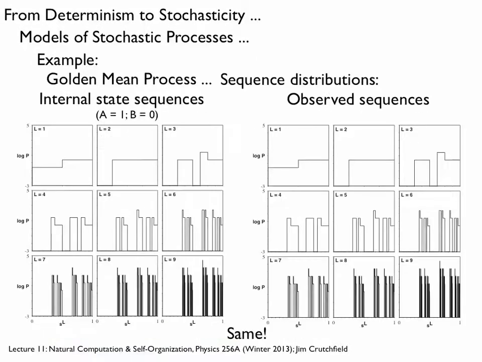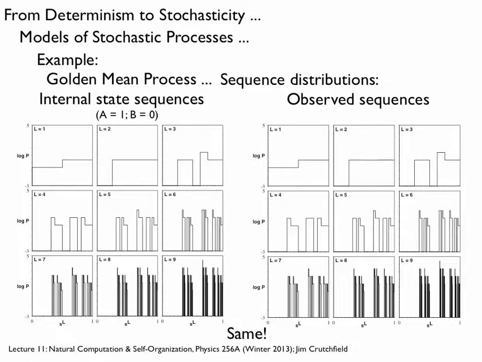Well, let's compare the internal state sequences with the observed sequences here. So we have AB internal state sequences, and I metrized it using A as 1, B as 0. And it's the golden mean process that we saw before. It's an internal Markov chain, just the golden mean. Now the observed sequences turn out to be exactly the same.